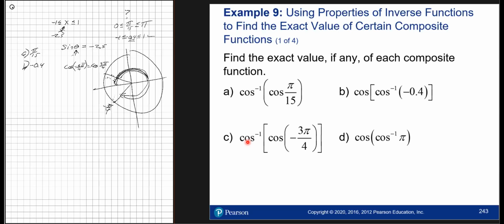And letter B, so that's cosecant theta equals negative 2, or the sine of theta equals negative 1/2.